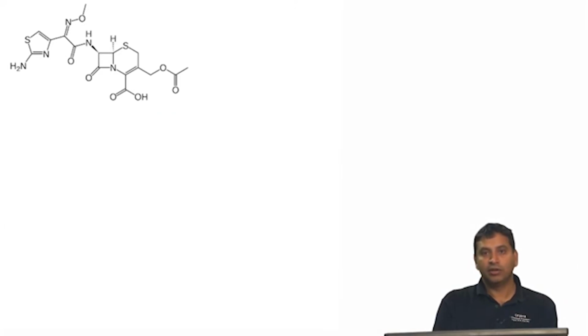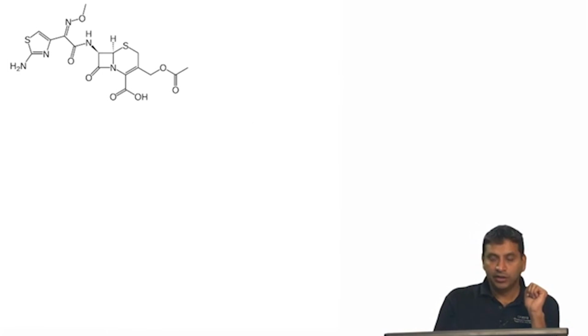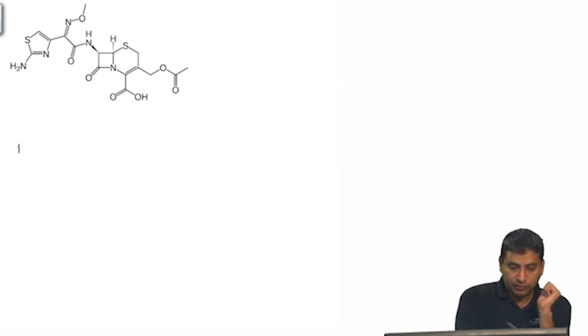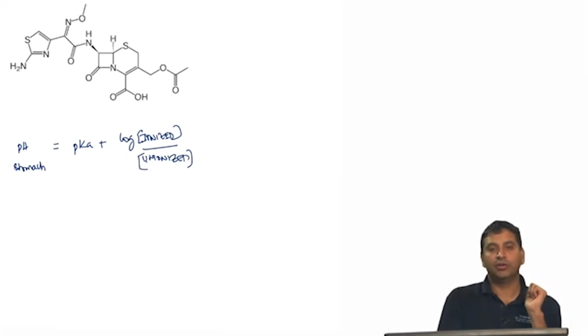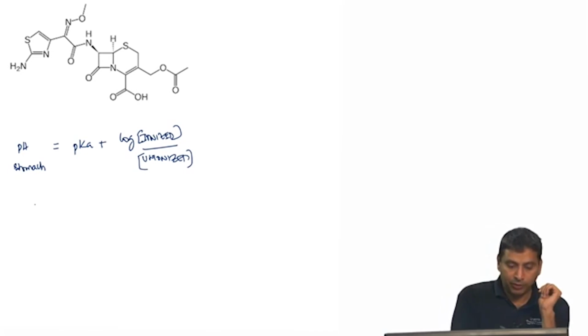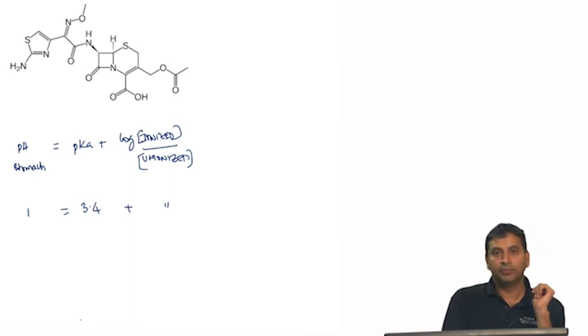Okay. Now, let us go through the same calculation. So, pH of the stomach equals pKa of the drug plus log of ionized by unionized, right. So, this is the same drill that we have done earlier. I am going to skip some steps so that we do not have to repeat the whole thing, but you can do 1 equals 3.4 plus this number.